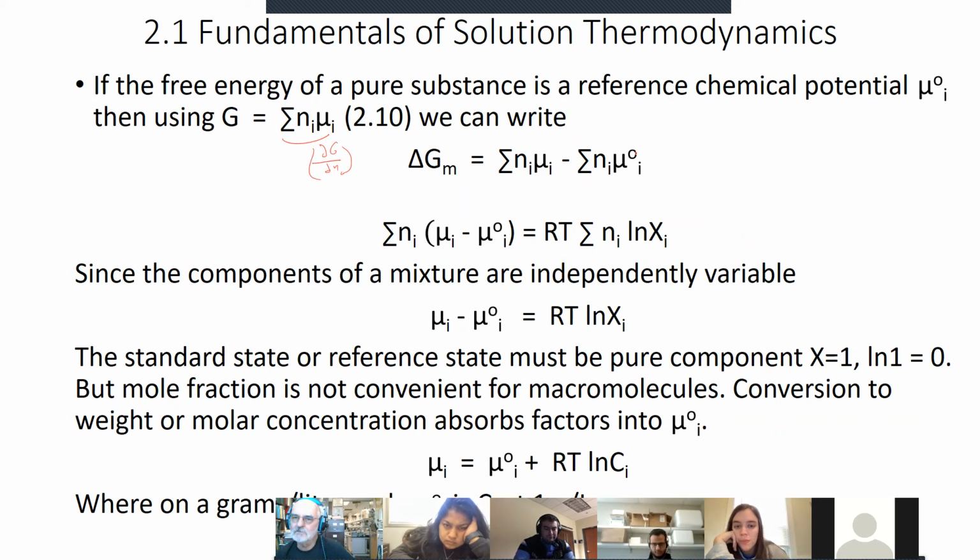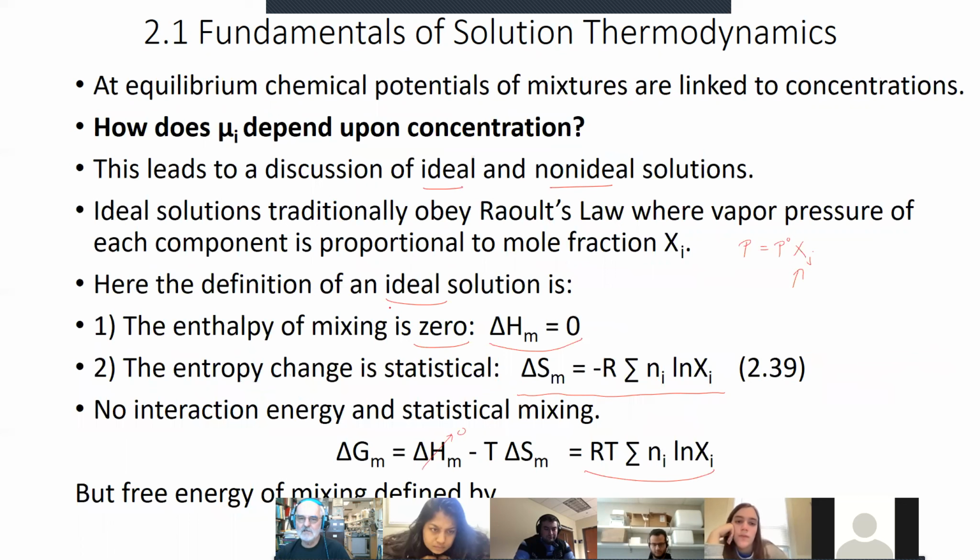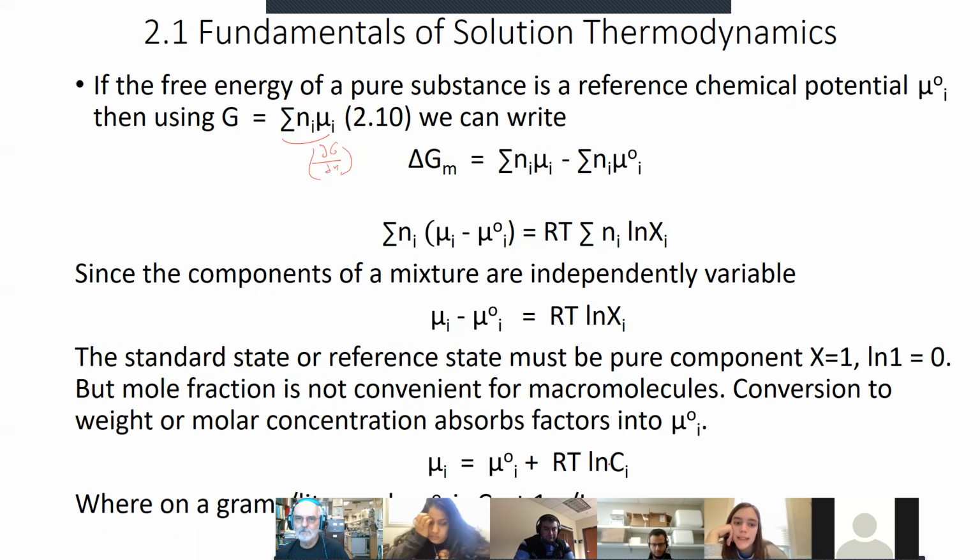The mu sub i 0 is pure. So we can combine these in terms of n sub i's, take the sum n sub i out and multiply times the difference, and we get mu sub i minus mu 0 sub i. But that must equal what we just said on this side over here. So it must equal this.